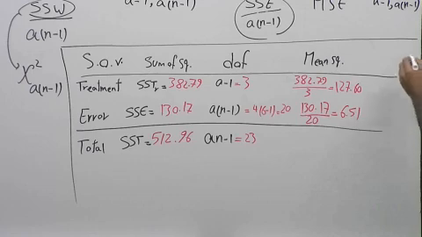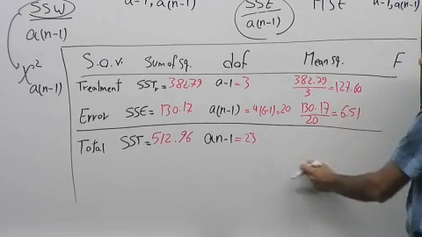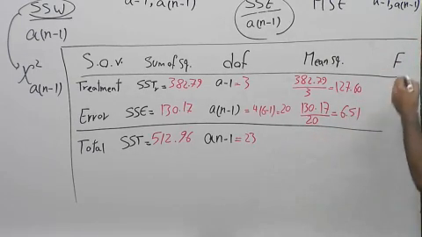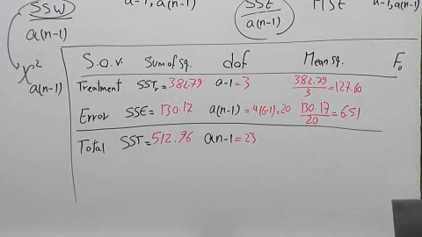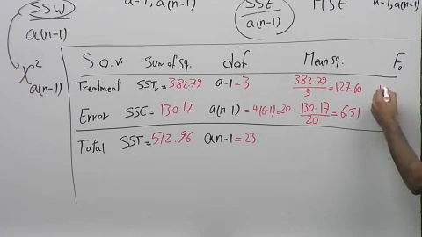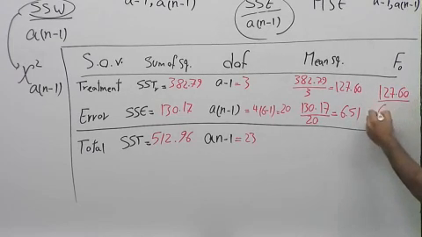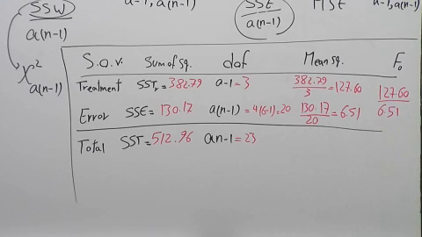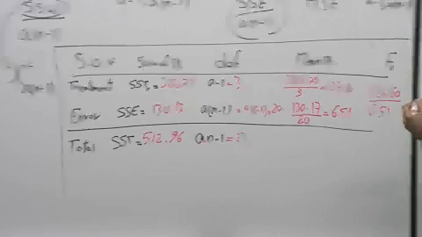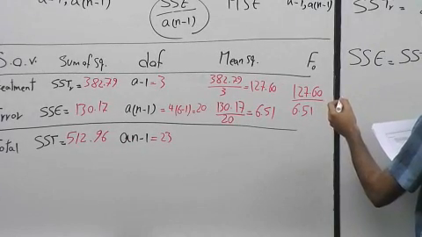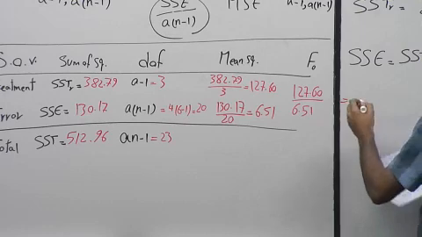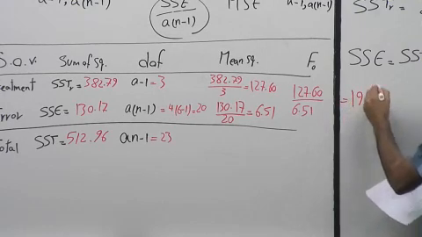Actually, I don't need mean square total. So what is F0? It's 127.60 divided by this, mean square treatment divided by mean square error, which is 19.60.